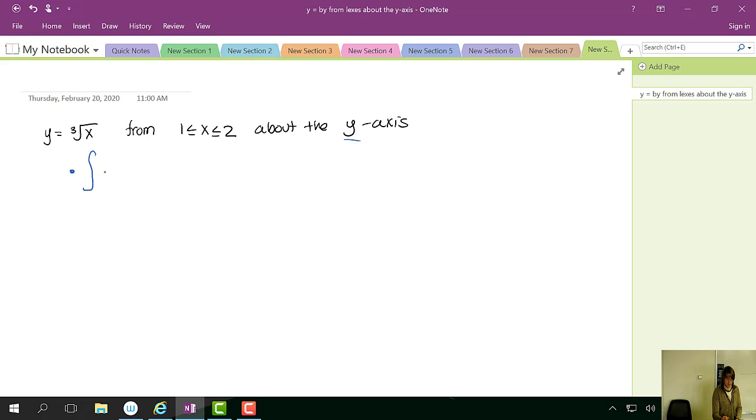So 2 pi x times square root of 1 plus. And what are we integrating with respect to? Which variable is changing? X, right? So that means I go dy dx squared, with respect to x. Oh, of course, from 1 to 2.